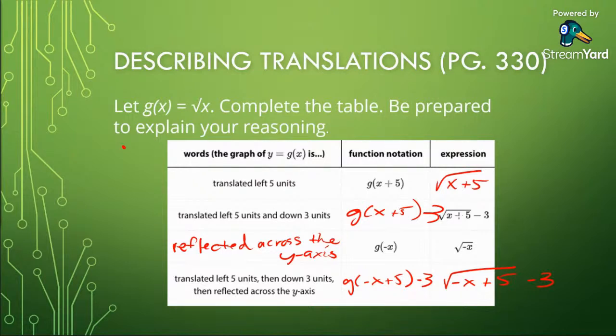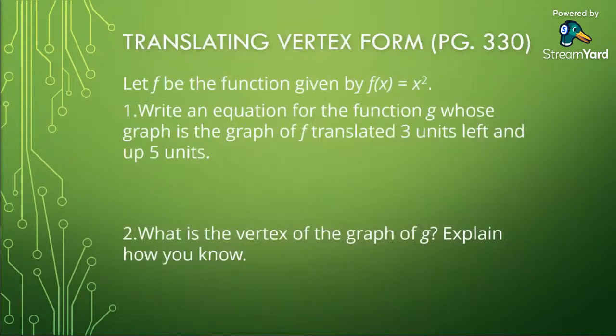As far as notes are concerned, there really are no big notes, but we did end up talking about being able to write a function and articulate what the vertex of it is. The main part that I want to leave you with is that regardless of what type of function you have, you're able to identify and recognize the placement of the values to know to move the graph to the left, to the right, up, or down, as well as those reflections.